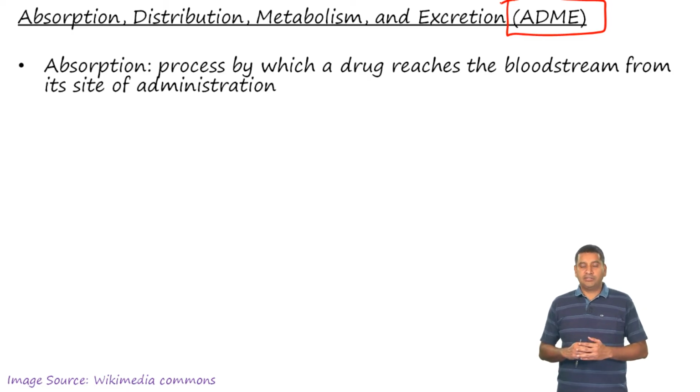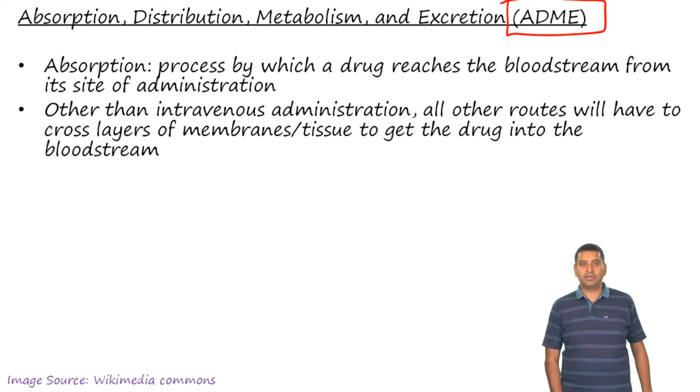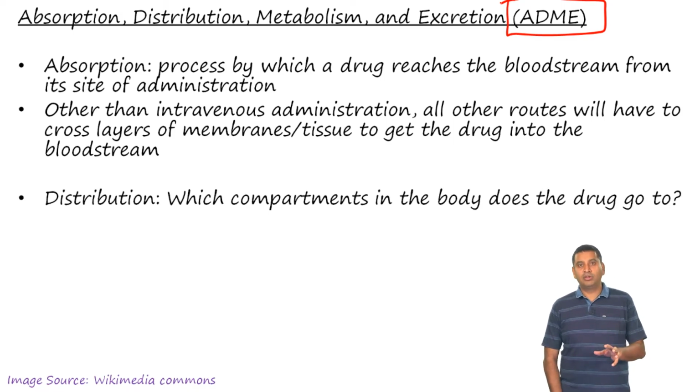If I apply an ointment, how long does it take to cross the skin and get into the bloodstream? That is what we mean by absorption. Other than intravenous administration, where you directly inject into the bloodstream, all other routes will have to cross multiple membranes or tissues to get into the bloodstream. So, absorption is the process by which we measure the amount that gets into the bloodstream.